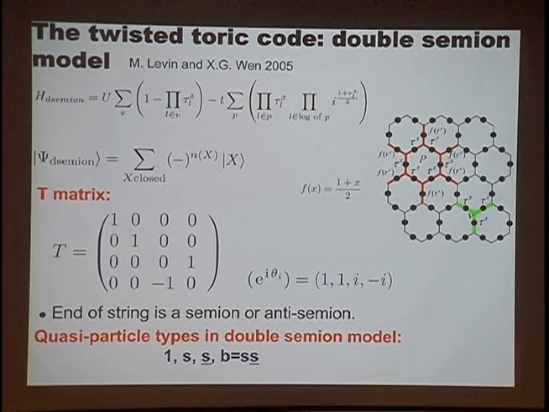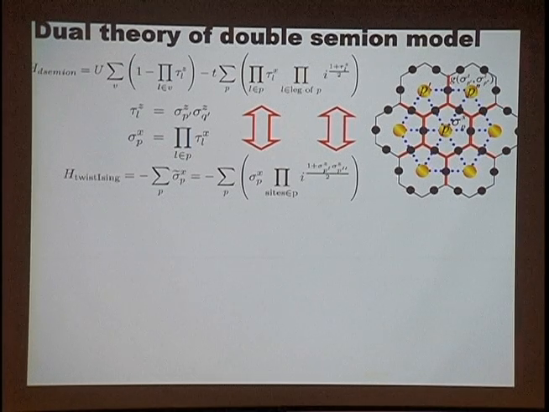Okay, but although this model has different quasi-particle statistics, overall it's still a Z2 gauge theory. And we are still able to map it to something like the Ising model, but a twisted Ising model. So let us do this map. Again, this domain spin, we call it tau, can be represented as a product of this sigma.